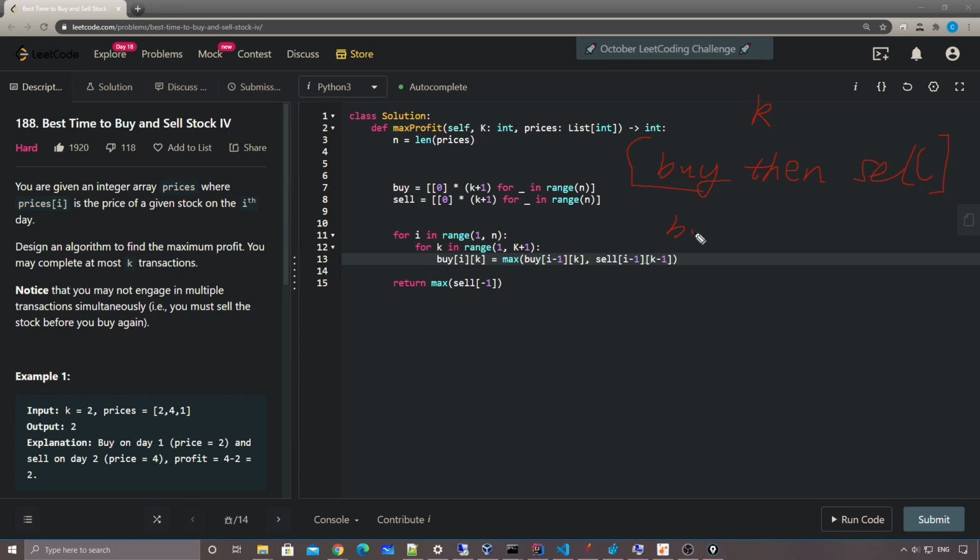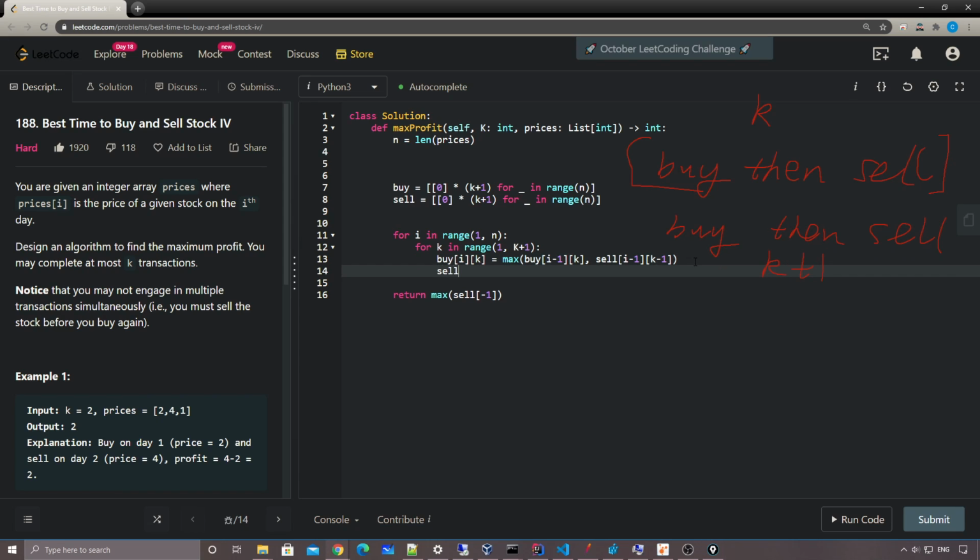And when you do another buy, then sell, this is transaction K plus one. That's why if you buy it here, the sell belongs to the previous transaction, which is K minus one. So that's the state transition function for the buy DP array.